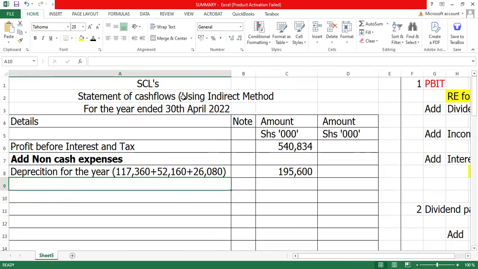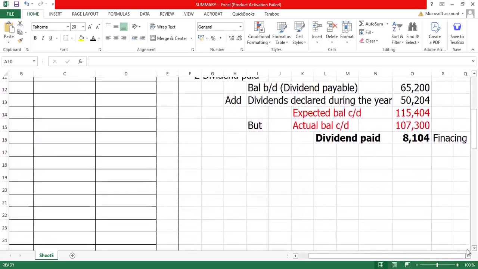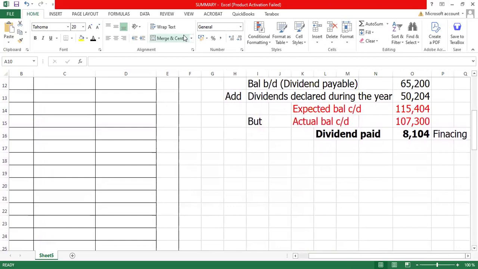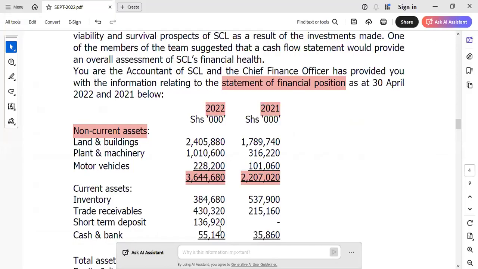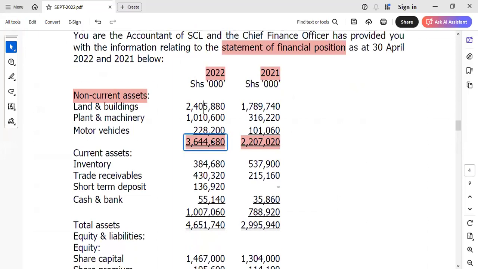But before you proceed, you can work these things concurrently. When you're dealing with PPE, one, you need the depreciation for the year. Number two, you need to see whether there was revaluation. Number three, you need to see whether there was disposal.